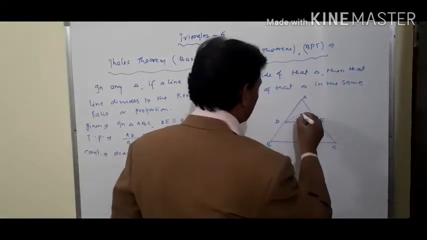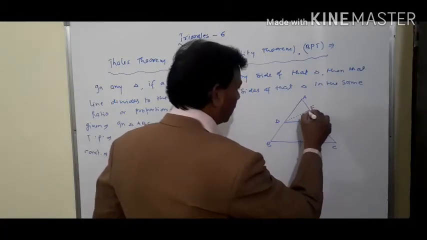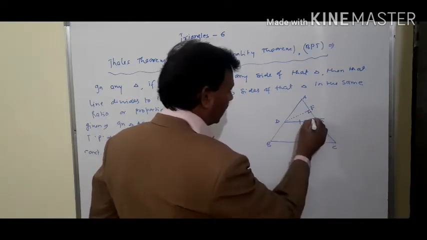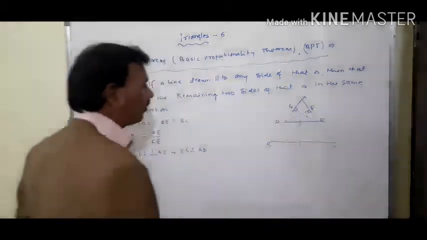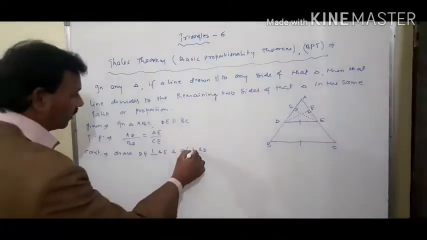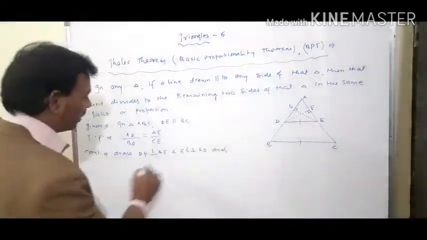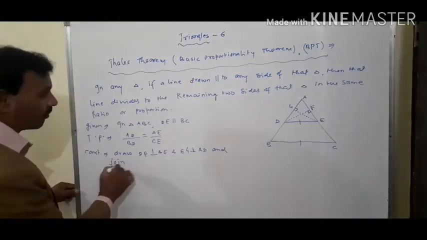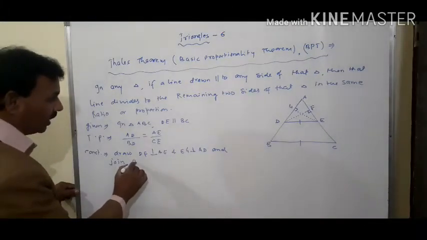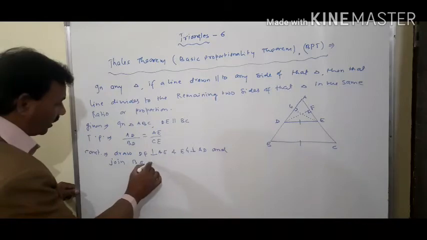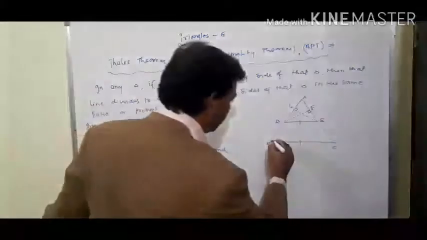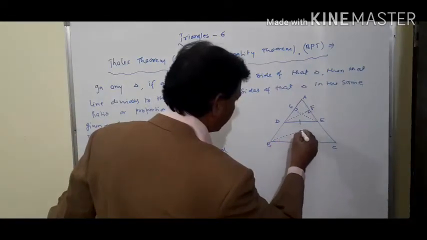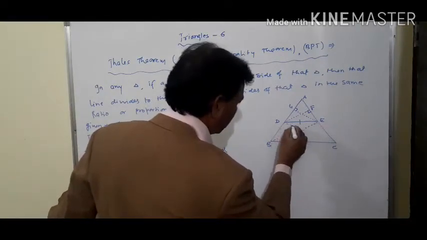That means this is DF perpendicular AE and EG perpendicular AD, and join BD and CD.